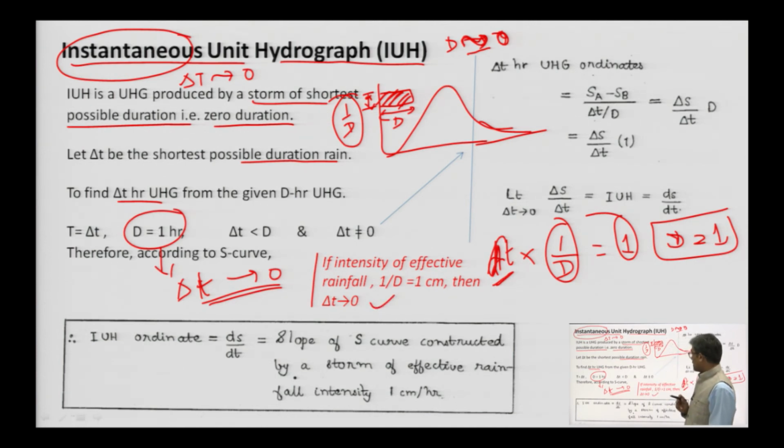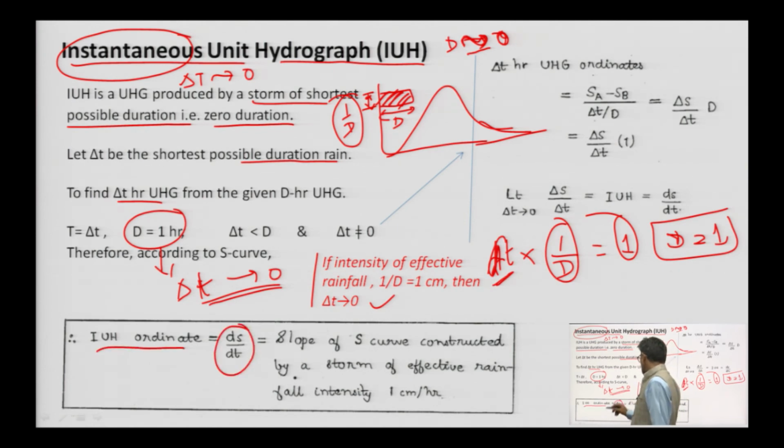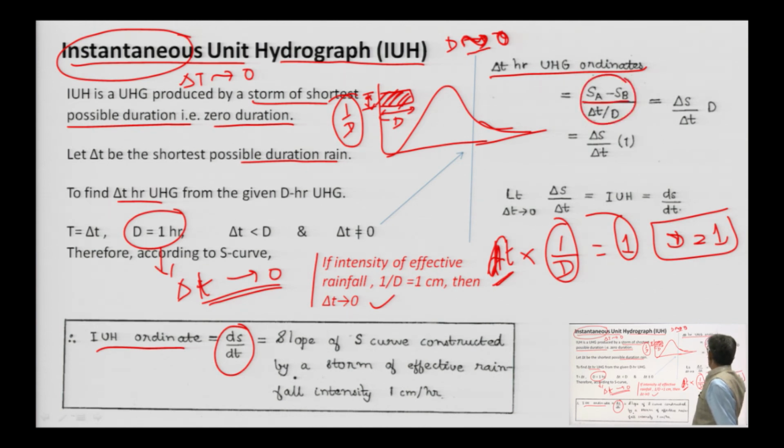And what will be the shape? Its shape will be the slope of the S curve ordinate. The unit hydrograph ordinate is (S_A minus S_B) divided by ΔT by D. This is from the S curve, meaning ΔS divided by ΔT.